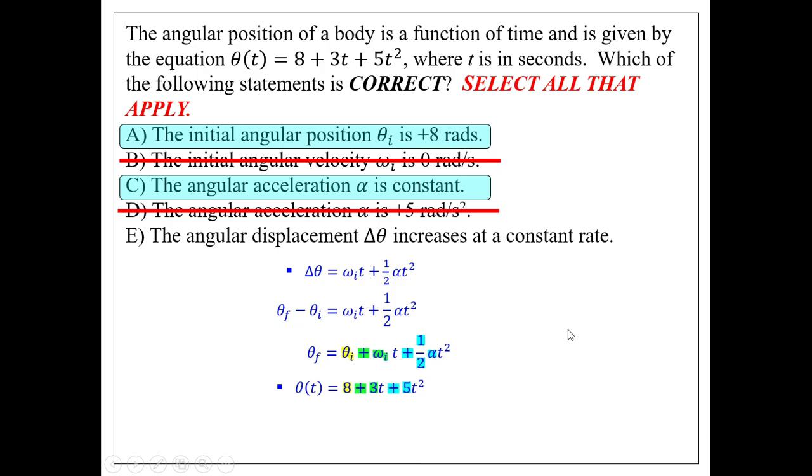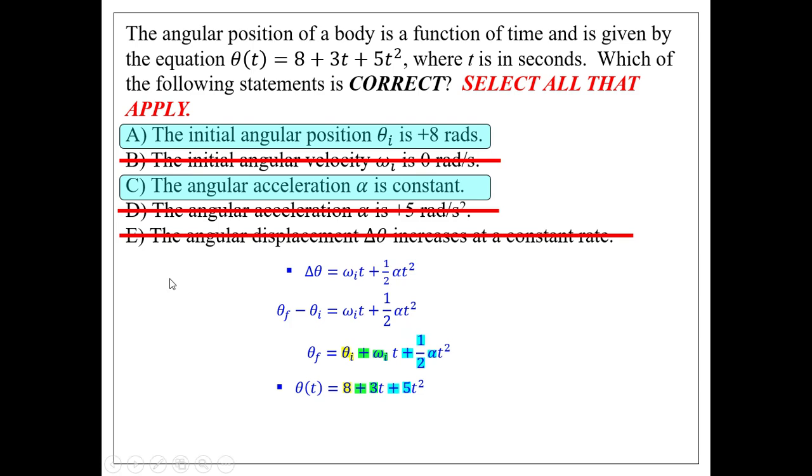E says the angular displacement increases at a constant rate. Well, this is false because the function tells you alpha is 10 rads per second squared. Anytime an object accelerates, its velocity is increasing. Therefore, its angular position is also increasing, but not at a constant rate. So I'm going to cross that out.